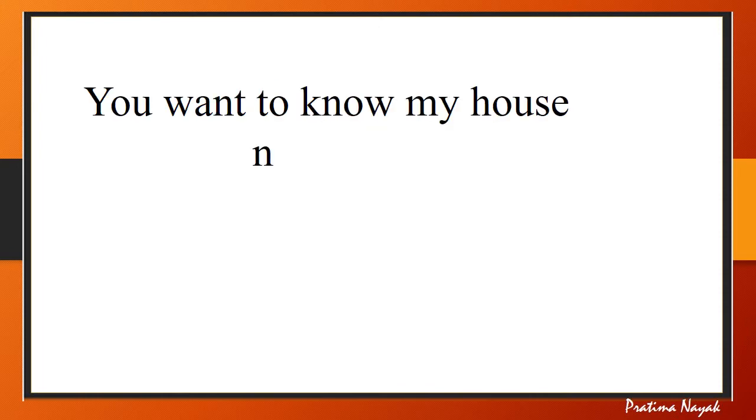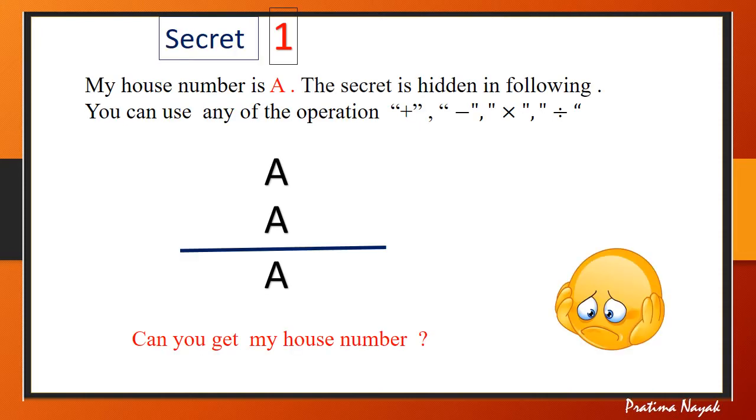You want to know my house number, isn't it? So this is the secret. My house number is A. The secret is hidden in the following operations. You can use any operation: addition, subtraction, multiplication, division.